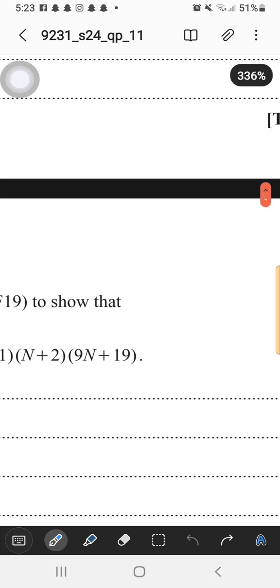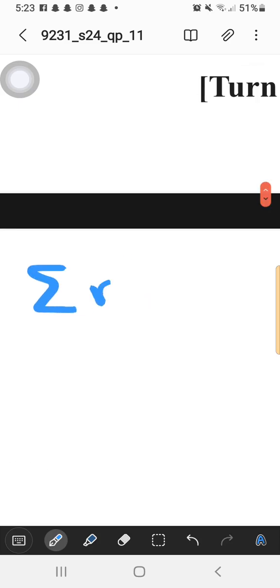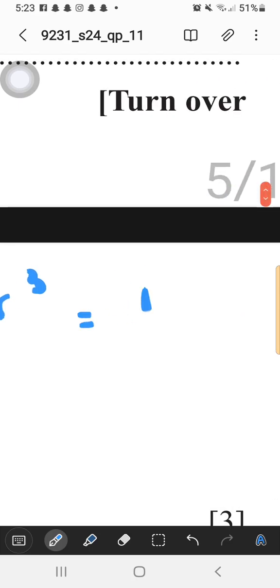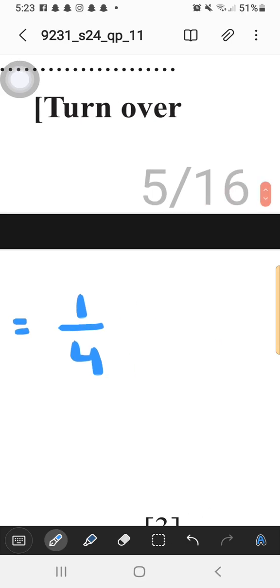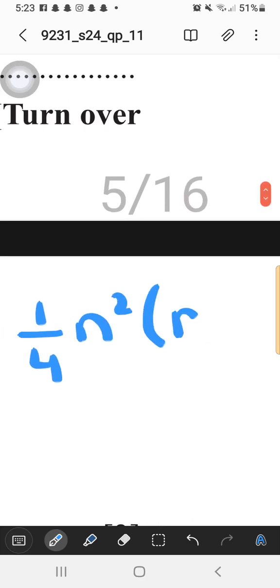The formula we will take from MF19 is the summation of r cubed is equal to 1/4 n square and (n + 1) square.